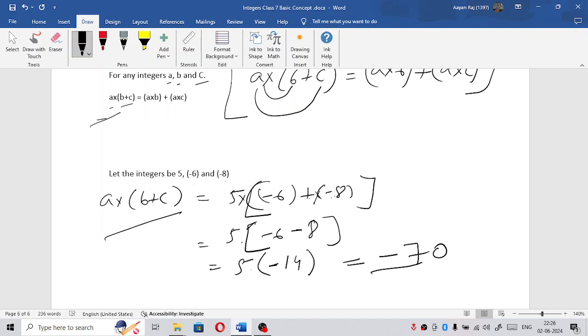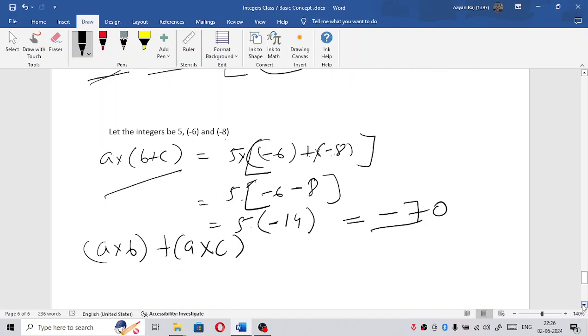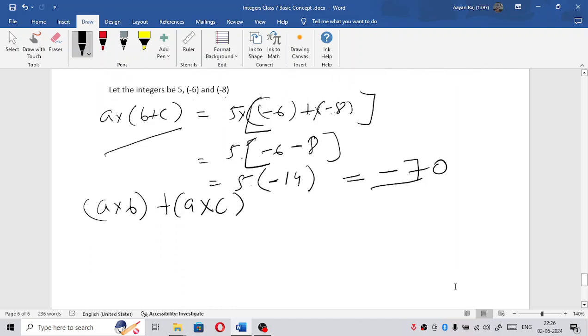As we have solved the LHS, now let's solve the RHS. The RHS is nothing but a into b plus a into c. Now we would put the values of a, b and c. Here a is 5 and b is minus 6.